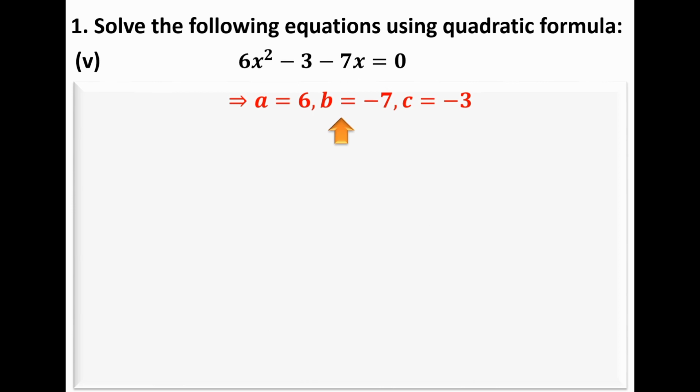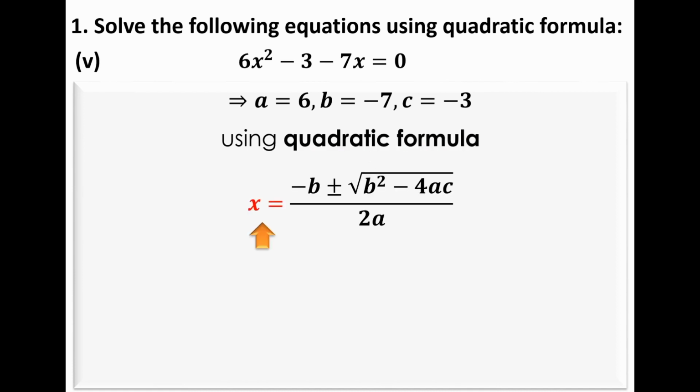The value is written. Now, using quadratic formula, which is x is equal to minus b plus minus under root b square minus 4ac divided by 2a. So, x is equal to, this minus is written as it is.